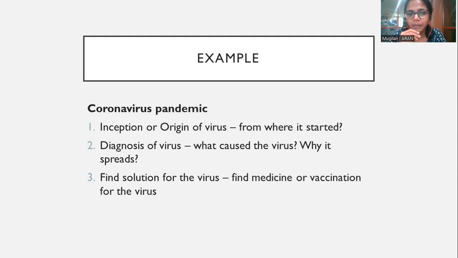The next step is the diagnosis of the virus. That means what caused the virus and why it spreads. Many health experts believe that the new strain of coronavirus likely originated from bats or bat colonies. The first transmission to humans was in Wuhan, China.